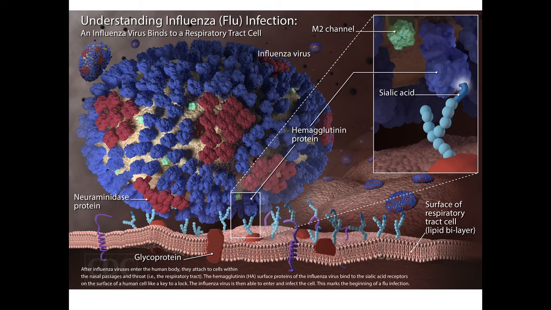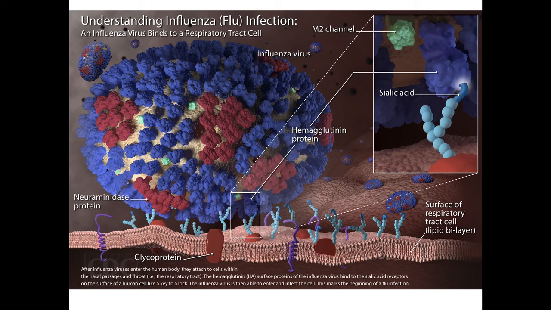Sialic acid is a carbohydrate. It's a sugar. There is an older name for it, and you need to know both names because it will make things make a lot more sense to you. The old name for sialic acid was neuraminic acid. If that name sounds familiar, that's because I've mentioned the neuraminidase, this other glycoprotein.